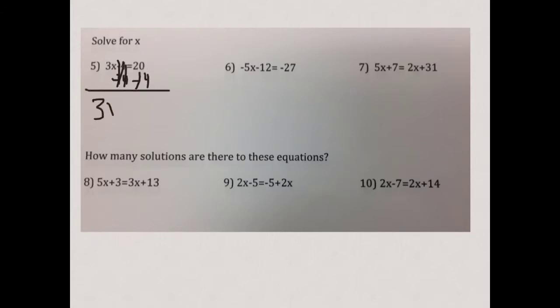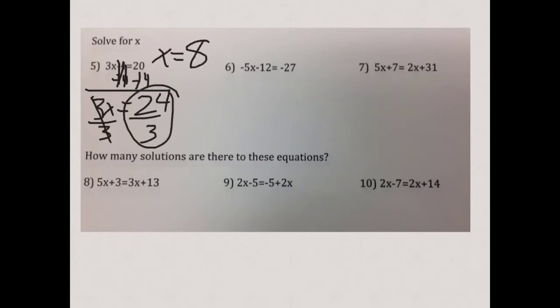I end up with 3x, bring down my equal sign. 20 plus 4 would be 24. Now, 3x is the same as 3 times x, or 3 multiplied times x. What's the opposite of multiplication? Division. These cancel out, become 1. 1x is the same as x. 24 divided by 3 is 8.